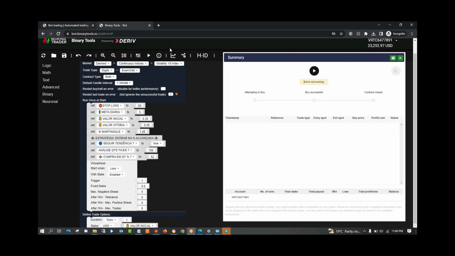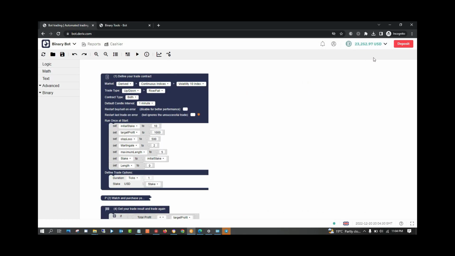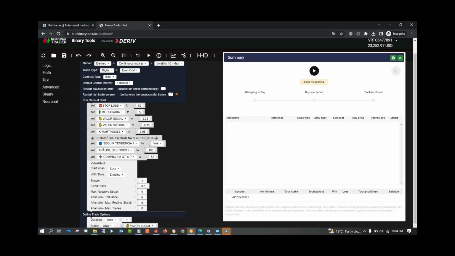So when you log in through this account over here, binarytools.io, it is just like logging on to your DERIV.com. But the best thing with binarytools.io is it has a lot of strategies, a lot of tools that can be used on a bot, and one of them is the virtual hook that I want to show you today.